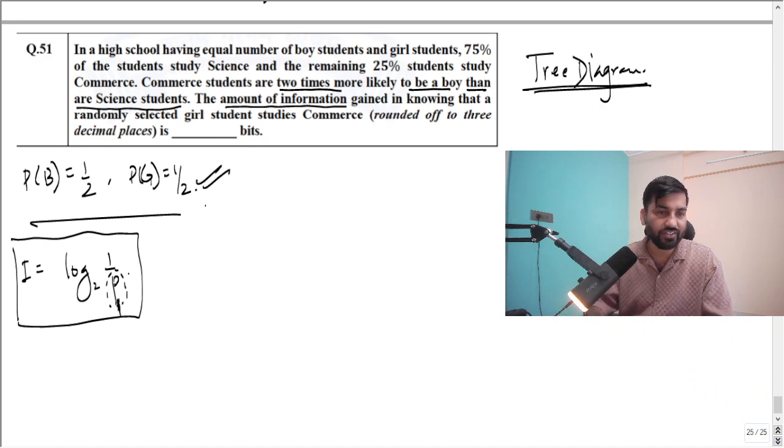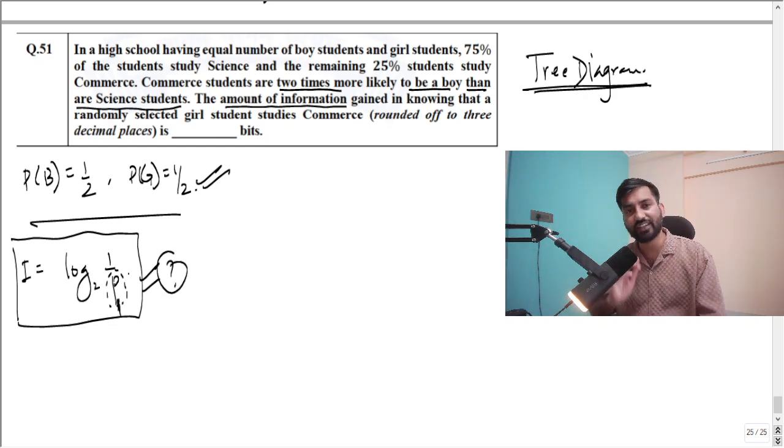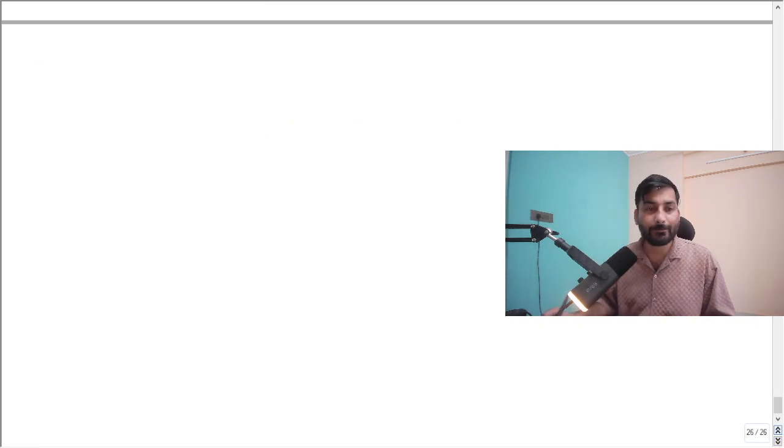This is already given and this is what you have to find out. But forget about information for the moment, because students from other branches of engineering may not understand what information is. Information is always expressed as log base 2 of 1 by p.